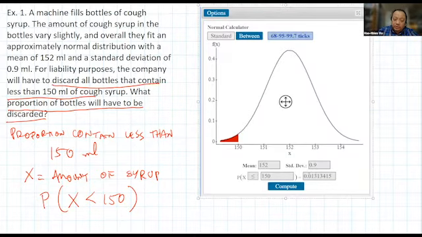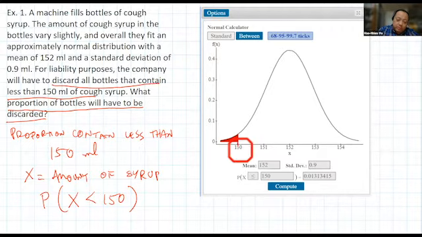The answer is 0.013, but I want to point out a few things. This number 150 is here on the x-axis, or on the axis of the variable x. This area here is 0.0131.